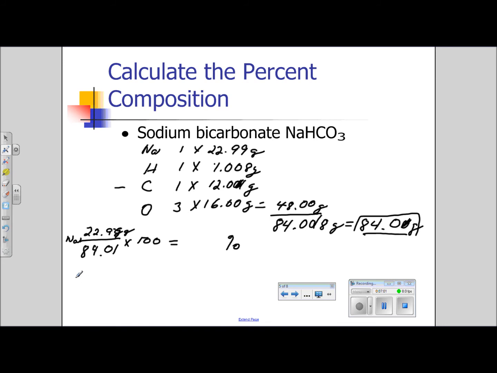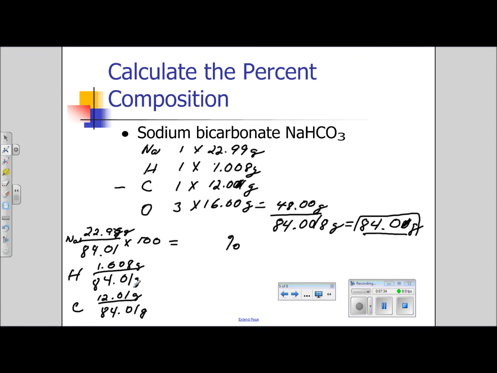And I could go on and calculate the percent of hydrogen as well by saying 1.008 divided by 84.01. And then I can calculate the percent of carbon by saying 12.01 divided by 84.01. In each case, these are grams.